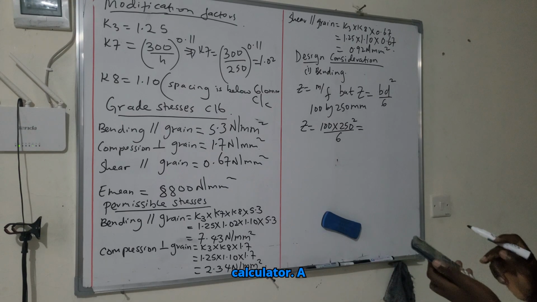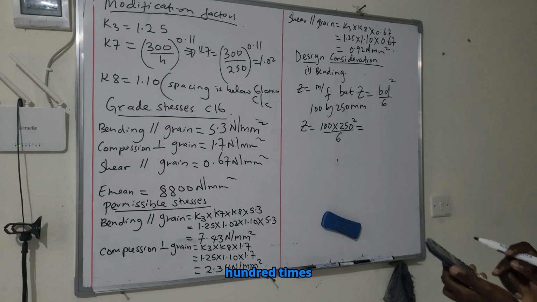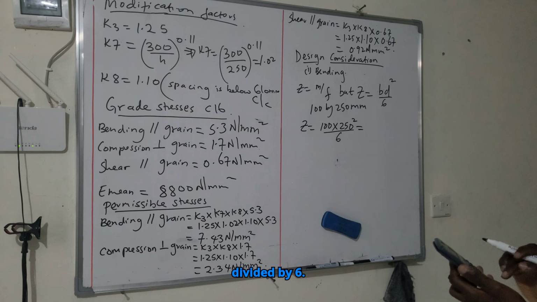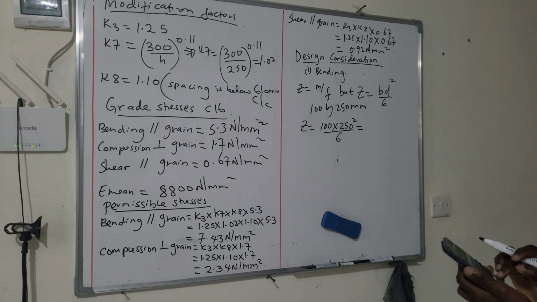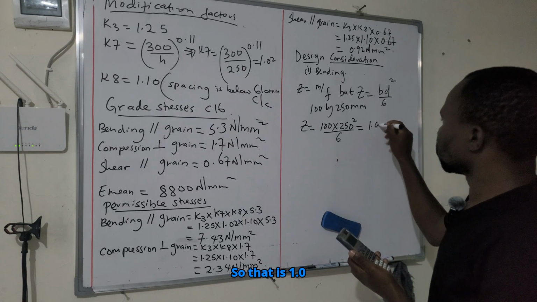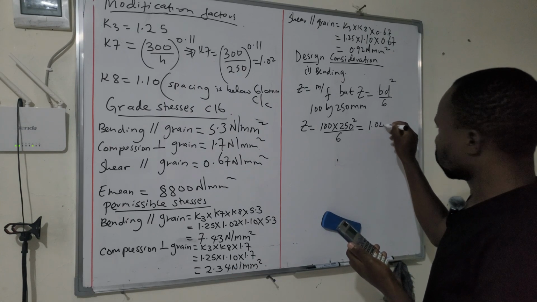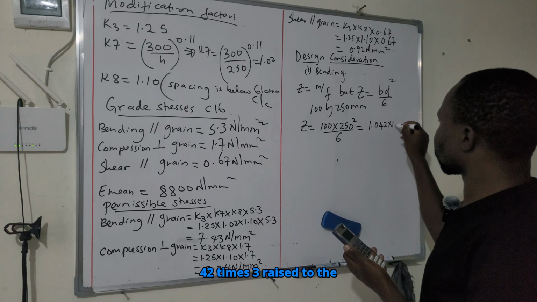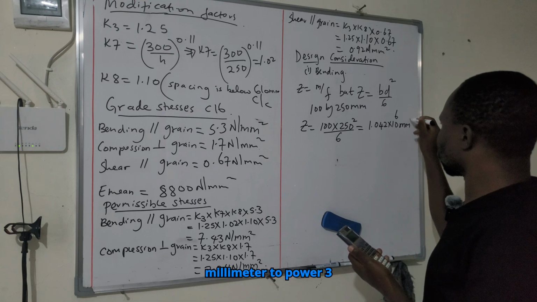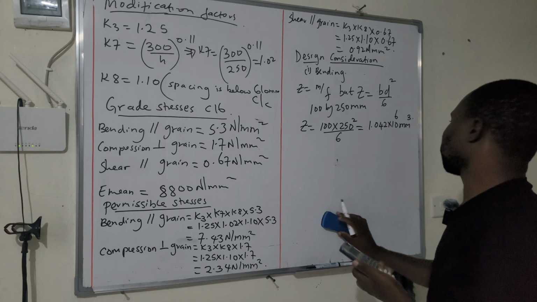Then you punch your calculator. 100 times 250 squared divided by 6. So that is 1.042 times 10 raised to power 6 millimeter to power 3.